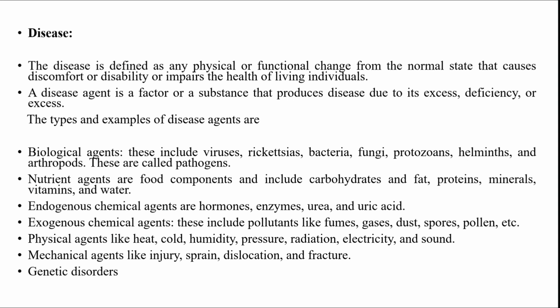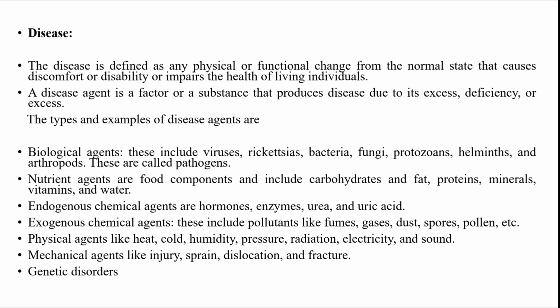So the types and examples of disease agents. What is a disease agent? It is a factor that produces disease. So types of disease agents are biological agents like virus, rickettsias, bacteria, fungi, and generally these are called pathogens. Disease causing microbes are called pathogens. Then nutrient agents such as food components or deficiency of any food component, endogenous chemical agents like hormone, enzyme, urea, uric acid, exogenous like fume, gas, dust, spore, pollen.